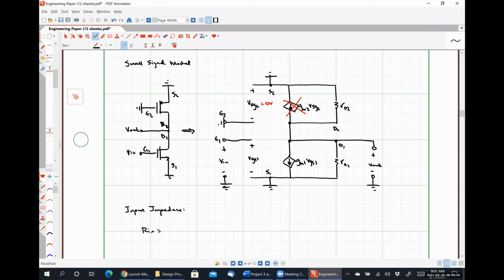All right, input impedance. Somebody tell me what's happening here. Infinity, absolutely right. So we still see the open circuit. So the input impedance is still infinitely large at low frequencies.